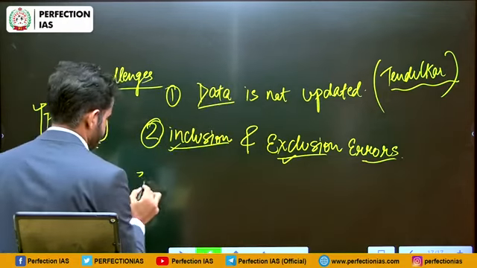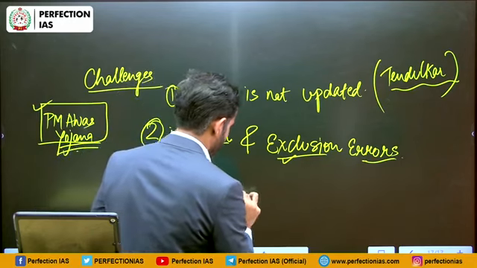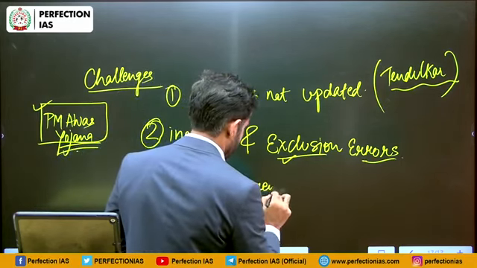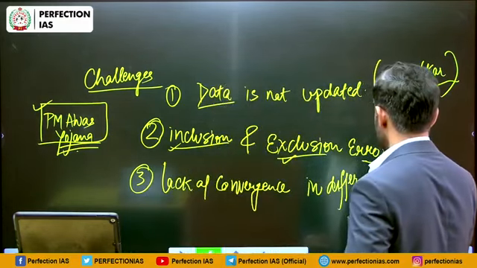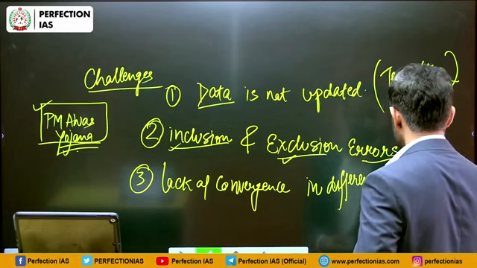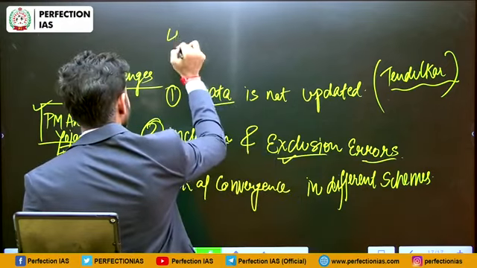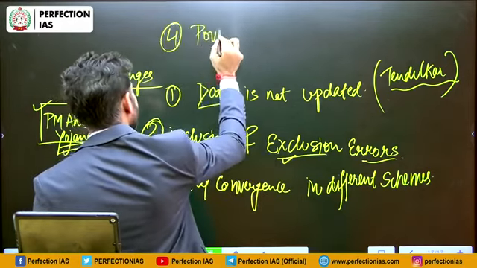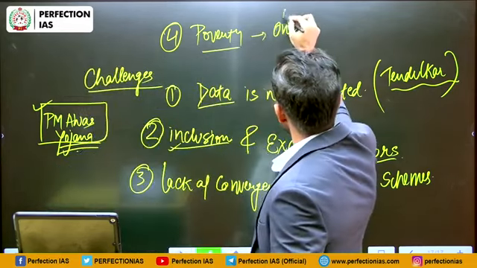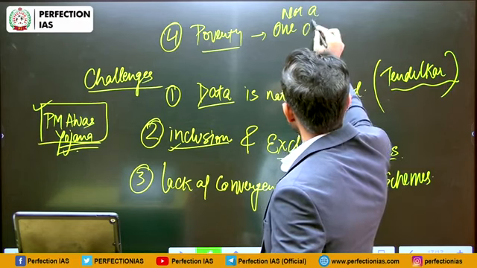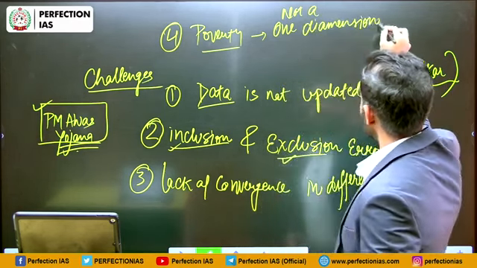Apart from that, there is lack of convergence in different schemes. Another problem is that the issue of poverty is not a one-dimensional concept, not a one-dimensional issue or problem.